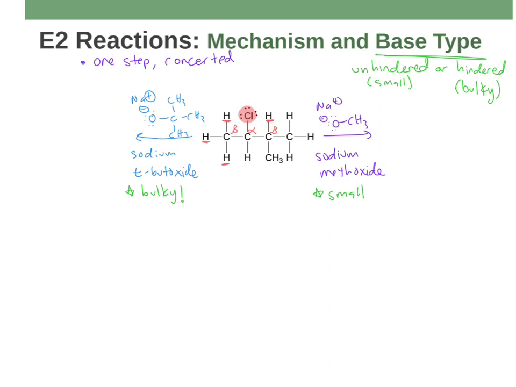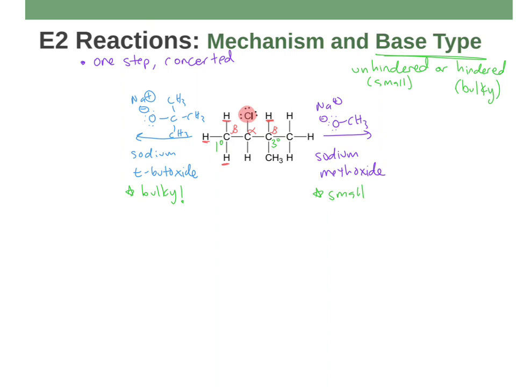But what I need to consider here is that I've got this big old base, my t-butoxide, the stuff in blue, and I have options. I can either have my base go and attack this primary carbon over here, this beta carbon on the left, or the carbon on the right is a tertiary carbon. And so you want to be thinking about sterics. What kind of steric interaction is there?